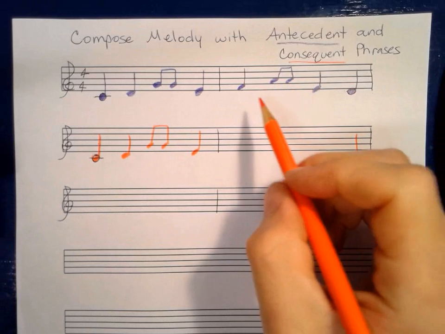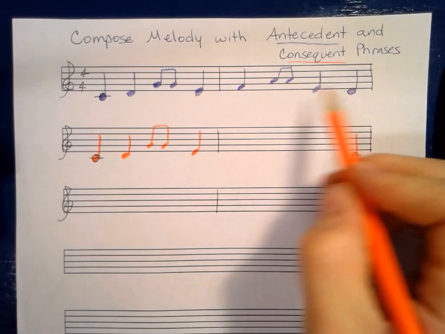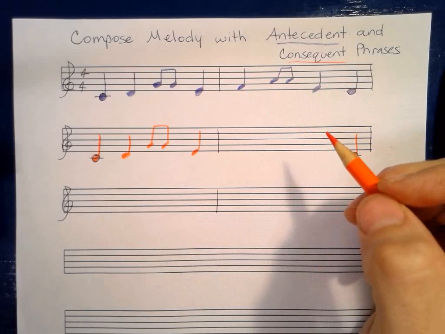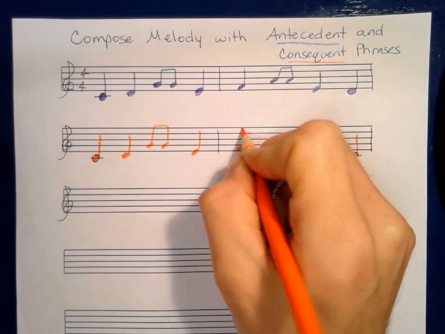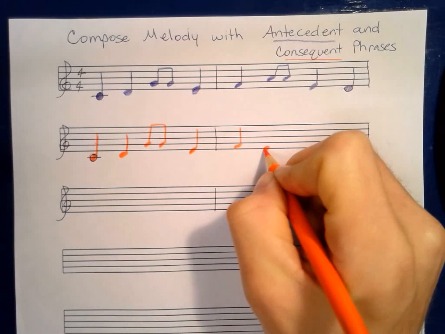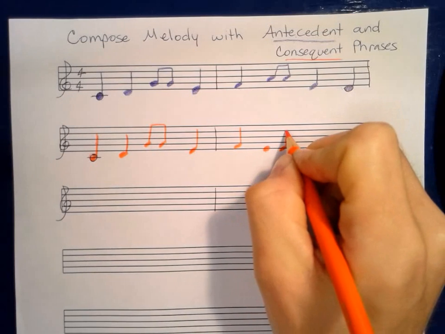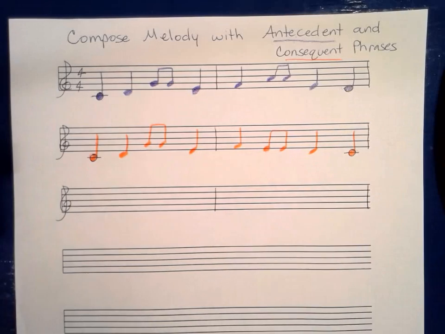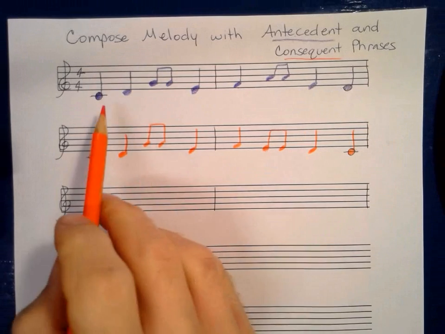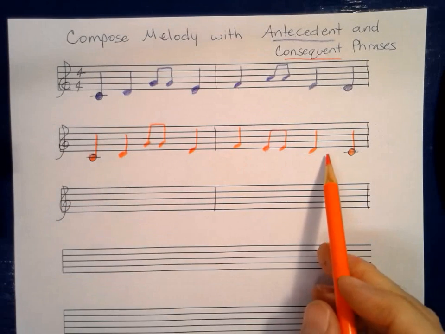In this case, I'm going to copy the rhythm, but I'm going to put in some different notes. So the first note will be the same. The second beat here will be different notes. And now I have my antecedent and consequent phrases.